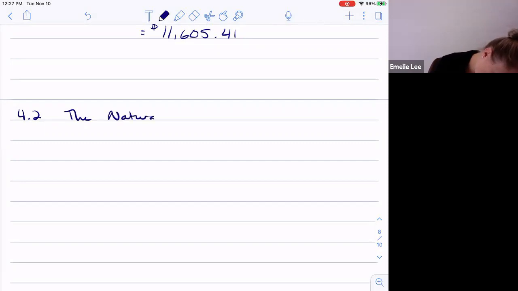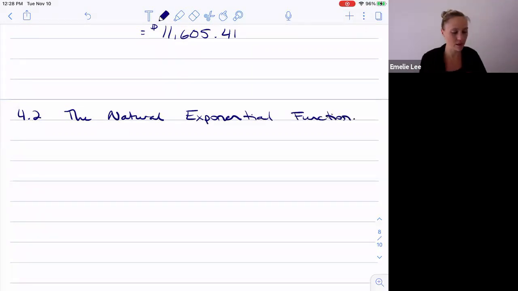Okay. I want to get into 4.2 because it's just an extension of what we just did, exponential functions, but it's the natural exponential function. Okay.